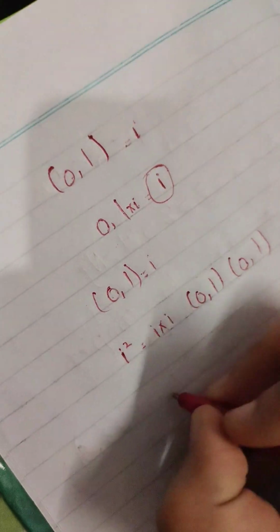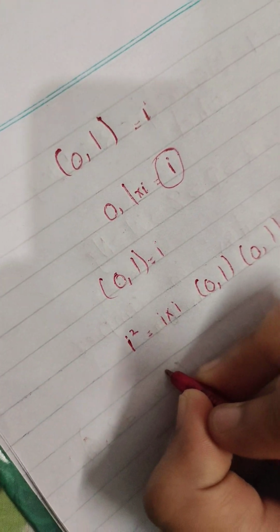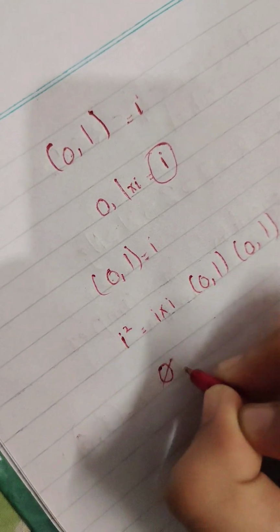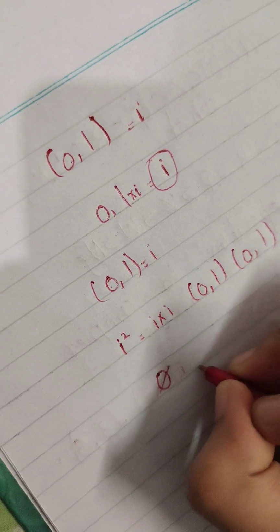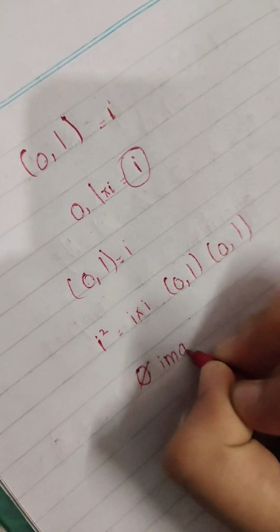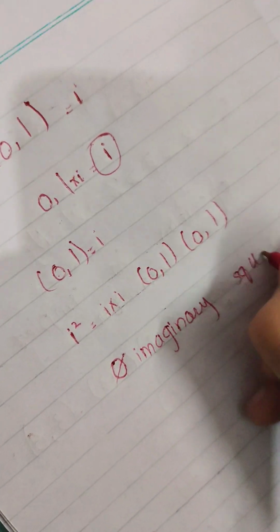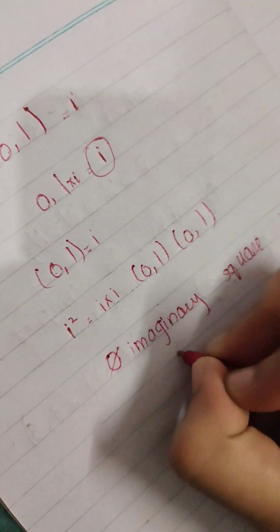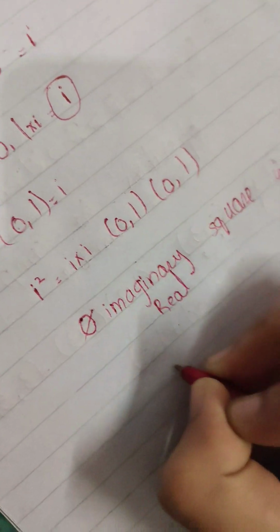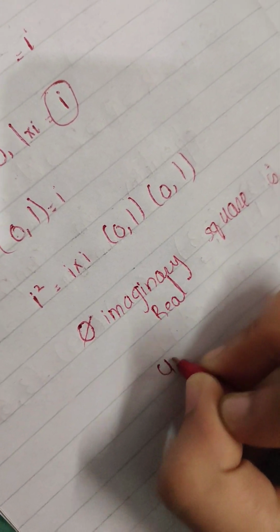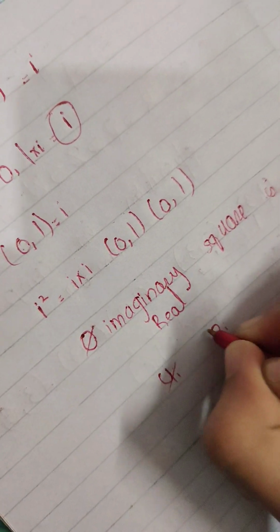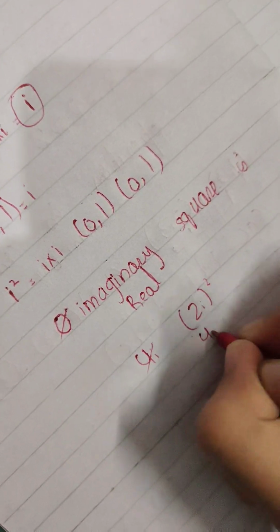Now we have another condition, that is, iota is imaginary, the square of imaginary is converted into real number. Let's see how. For example, 4, we have the square, 2 square. Okay, 2 twos are 4.